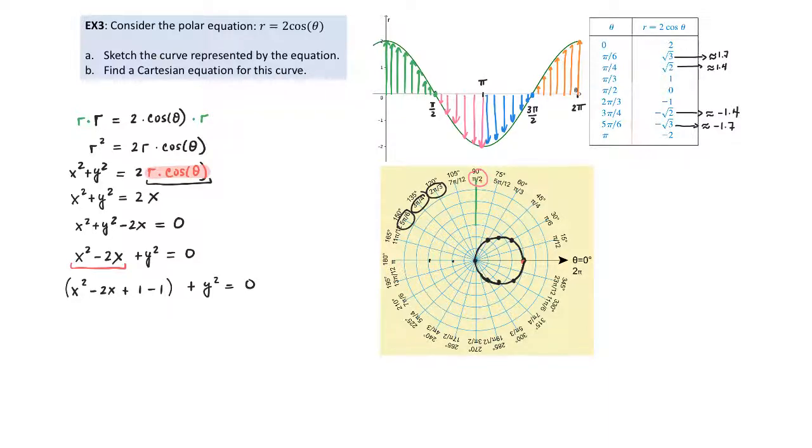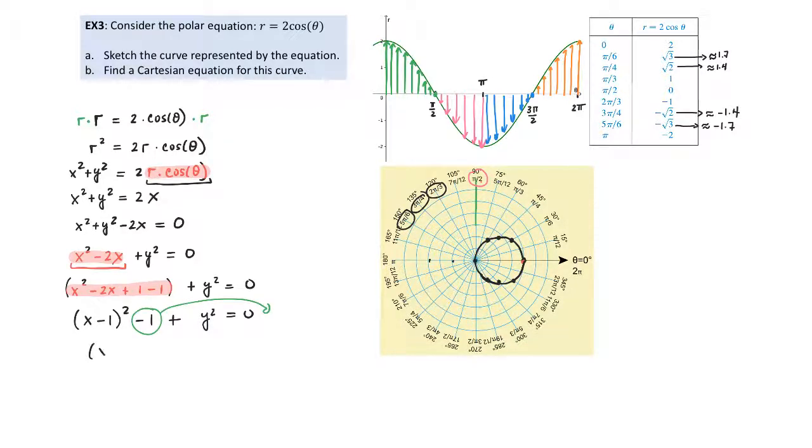So this over here expands into this when completing the square. And then continuing the process of completing the square, we're going to have x minus 1 squared minus 1 plus y squared. And now we're going to take this negative 1 and shift it onto the other side.